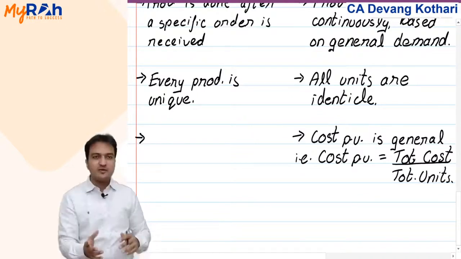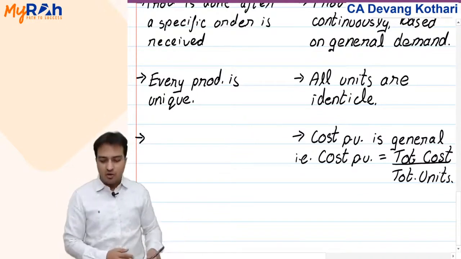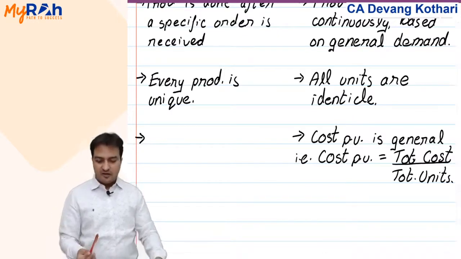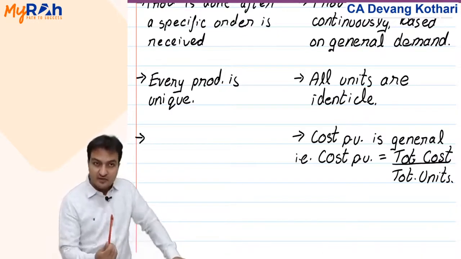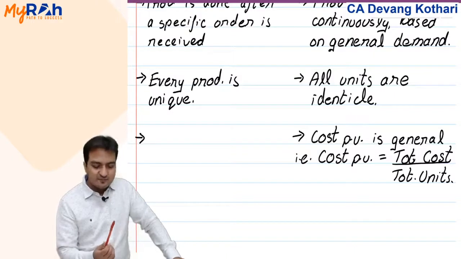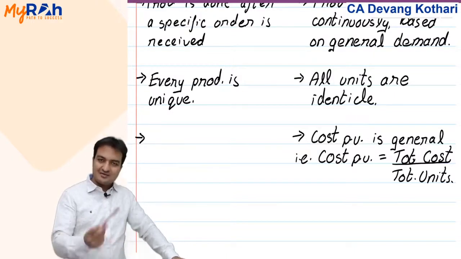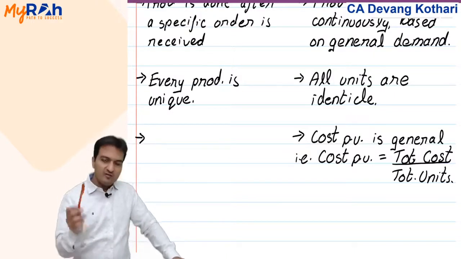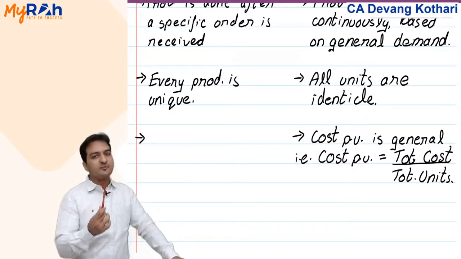I can simply take total cost divided by total units, which will give me cost per unit. During the year, if I manufactured say total 1000 pens like this, then I will just take a total of all the costs incurred throughout the entire year divided by 1000 pencils, which will give me cost per unit.